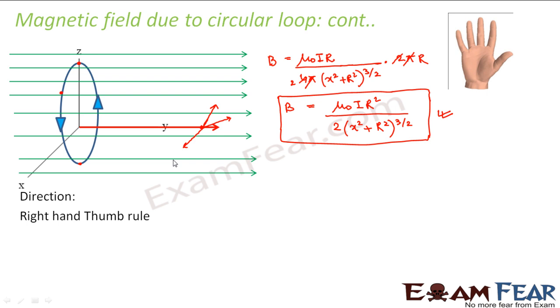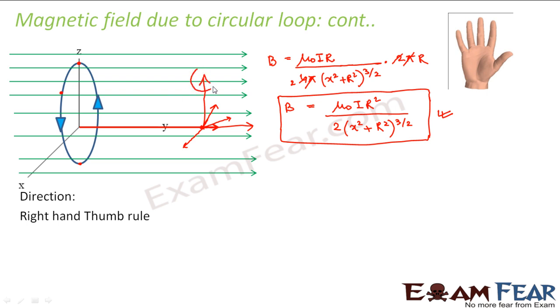So now if you are given a circular loop and you are asked what would be the net direction of magnetic field, what did you conclude from this discussion? You observed that for each small element dl, you have a particular direction of magnetic field which can be resolved into two components. One is the component along this direction and the other one is a component along this direction.